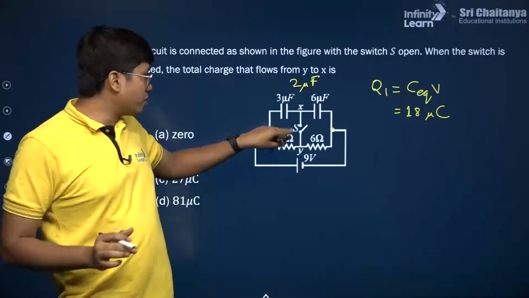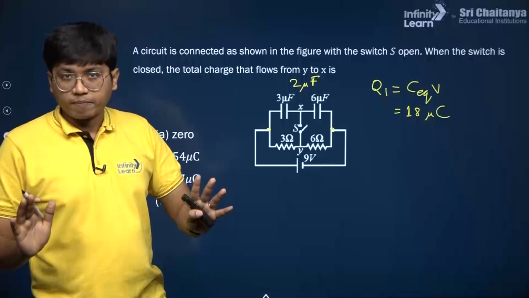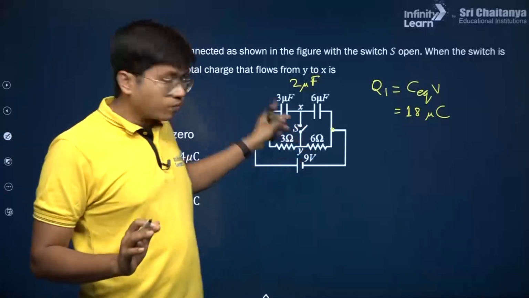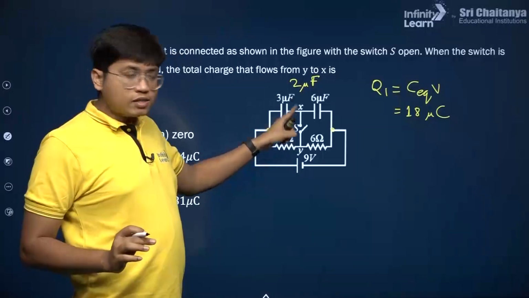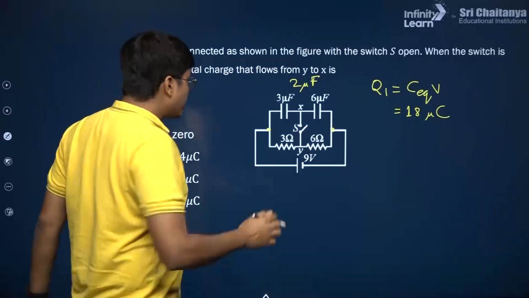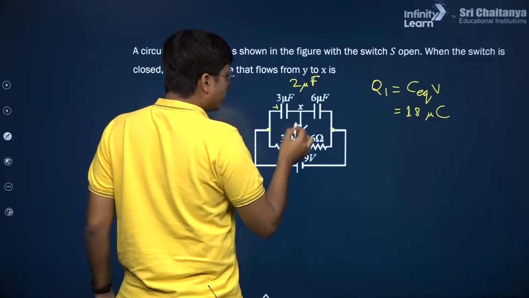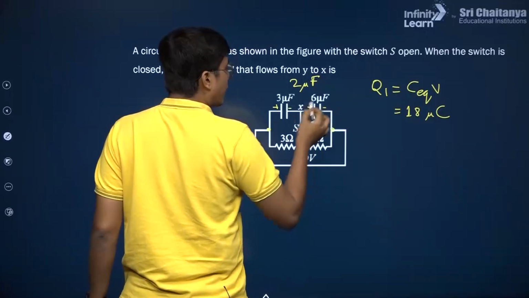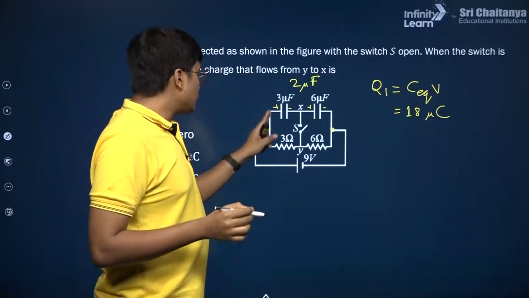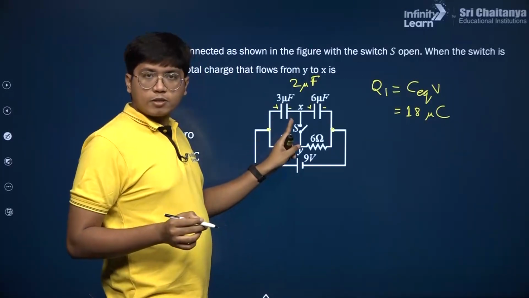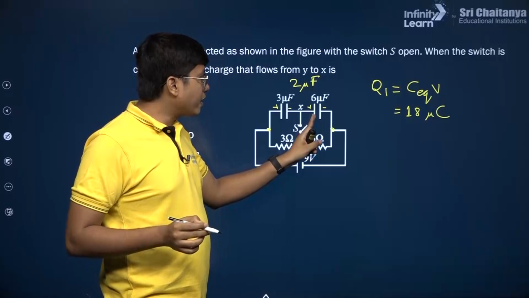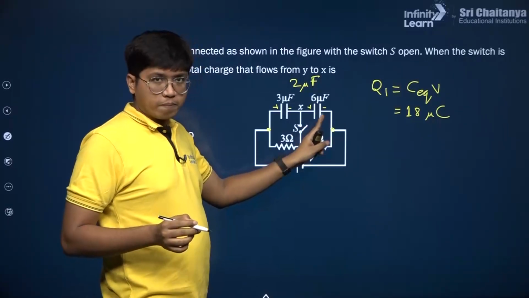Remember, this middle part is not there, so they are in series so far. Because the charge is the same, there's 18 microcoulomb on this and 18 microcoulomb on this, with this side being positive and this negative, which means I can assume plus 18 microcoulomb here, minus 18 microcoulomb on this plate. Similarly, plus 18 microcoulomb here, minus 18 over here.